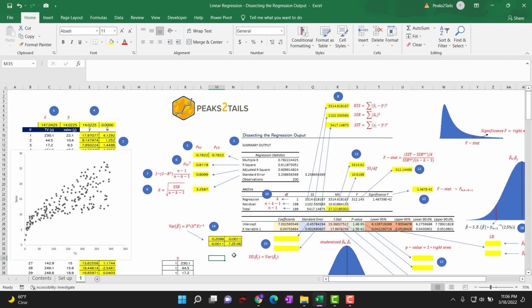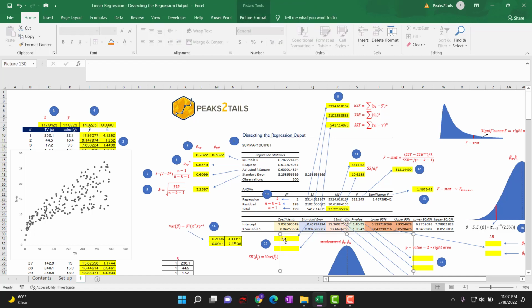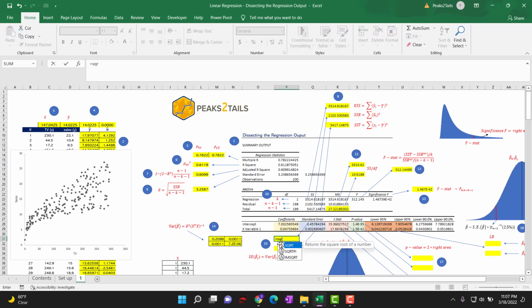Now, as far as standard errors are concerned, we are only looking at square root of variance terms, which are in the main diagonal. So just to verify, if we want to find out the standard error for the intercept, what we need to do is square root of variance of the intercept, which matches the result.